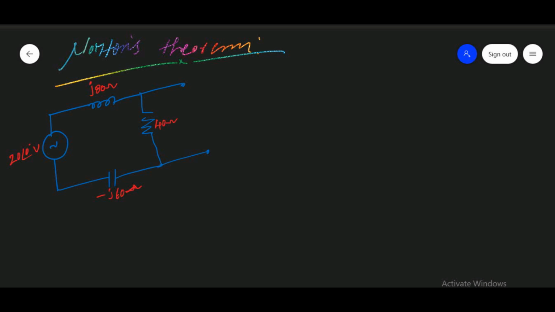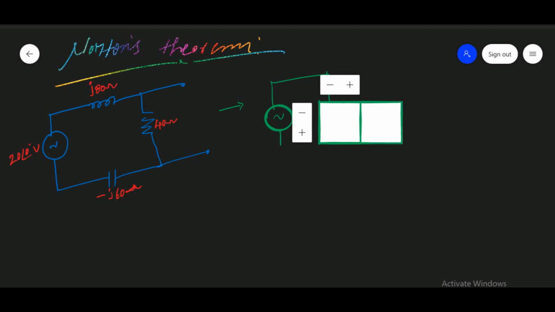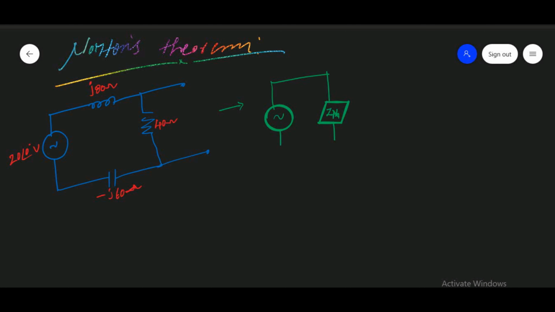Here you have to reduce this circuit into the Norton's equivalent circuit. It means that you have to reduce this circuit into one current source in parallel with an impedance, that is ZN or ZTH, and this is your open terminal.